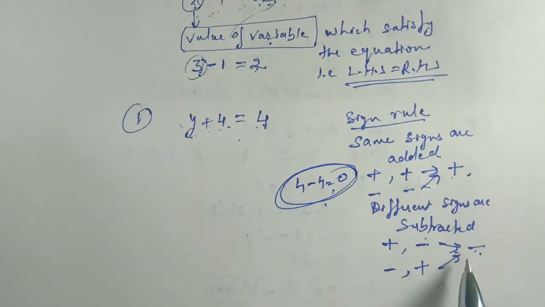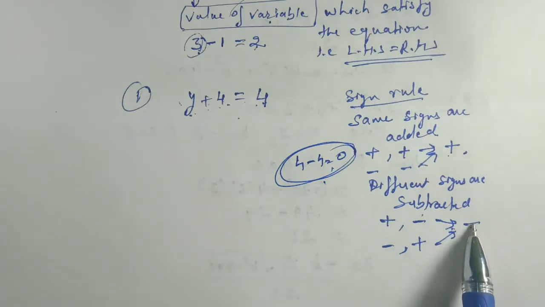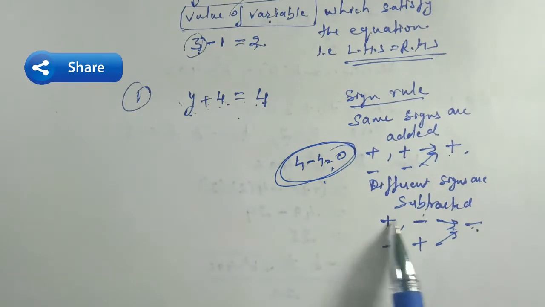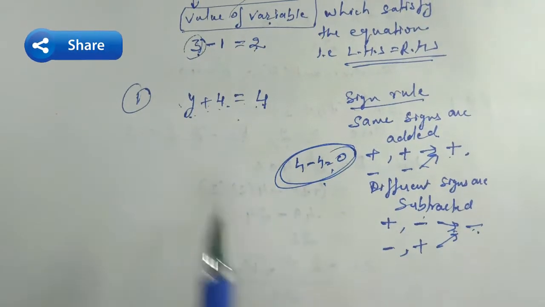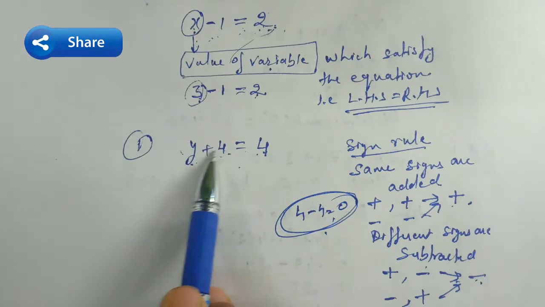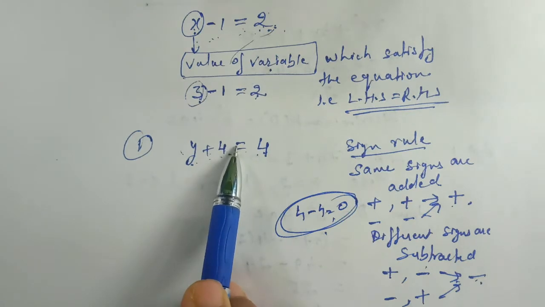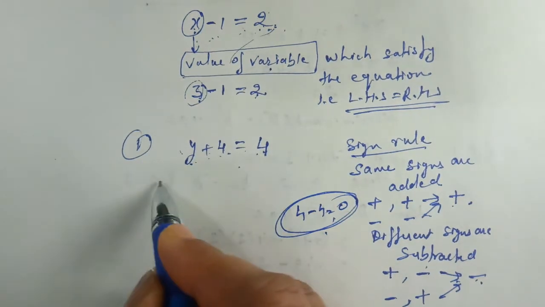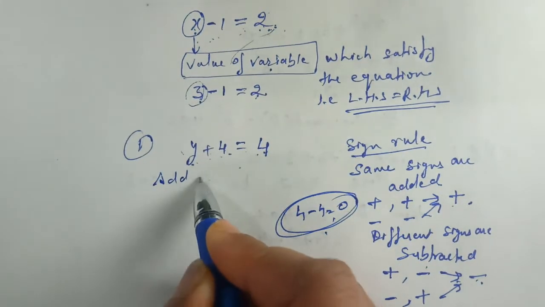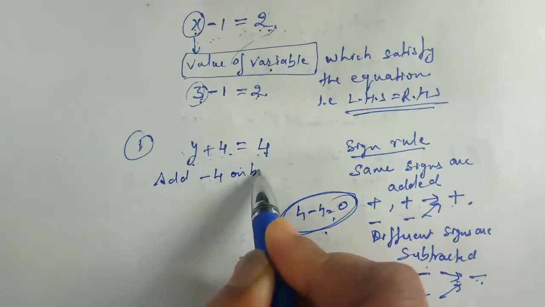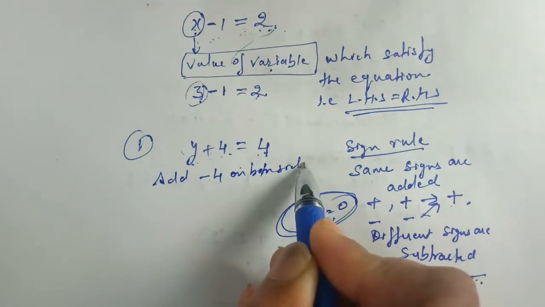And we know that according to the sign rule, if we have to subtract, then there should be a different sign. Since it has plus 4, we're going to add minus 4 on both sides.